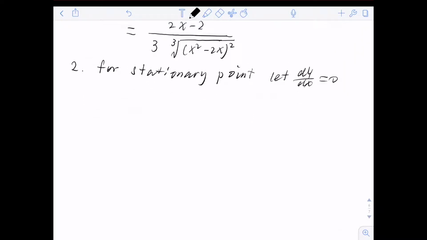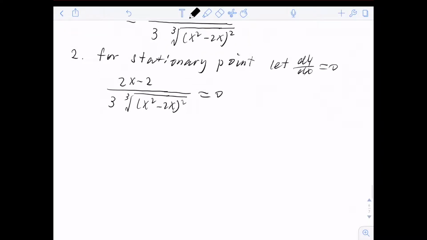So we go 2x minus 2 over 3 times the cubic root of (x squared minus 2x) squared, equal to 0. So how are we going to solve this equation? Pretty big. First step, I'm going to remove my denominator.